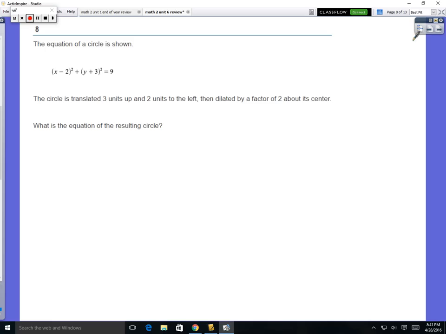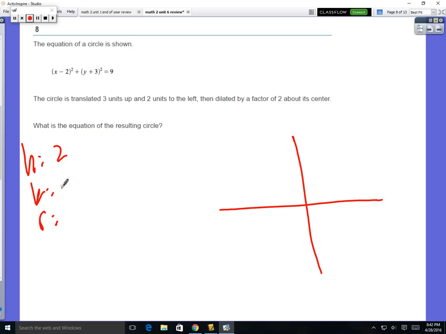Equation of a circle. Okay, right now, as it stands, this circle is h, k, r. The h is 2, the k is negative 3, and the r is 3, so I'm going to go over 2, down 3, and then your radius is 3 to the right, 3 to the left, so somewhere like right here. There's your circle.